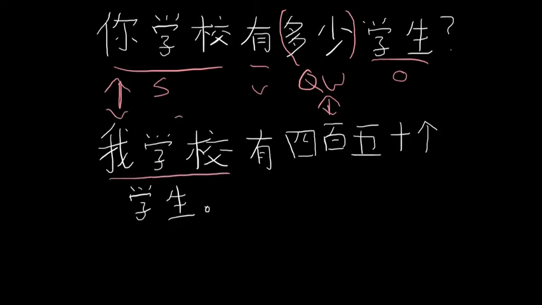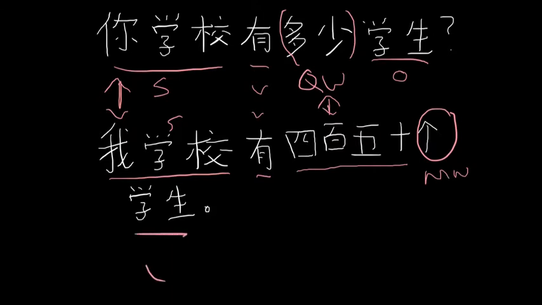So there's your subject, 我学校. 有 is to have, and where the question word was, you put in a number. I just randomly selected 450. And since you're talking about a specific number of students, you need a measure word. So, 我学校有450个学生.